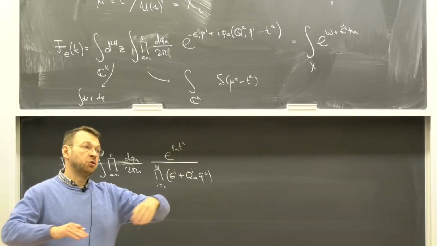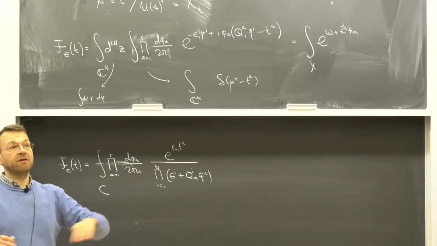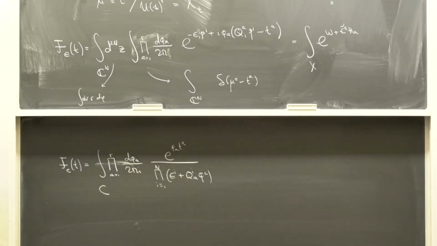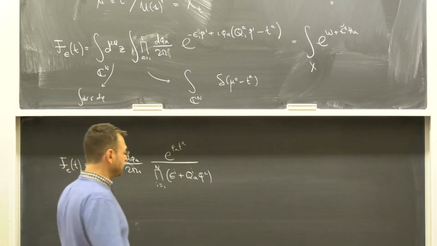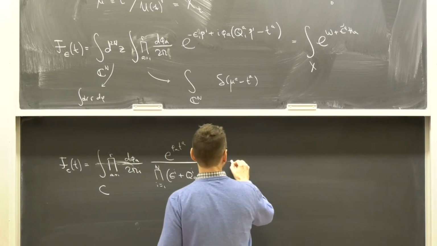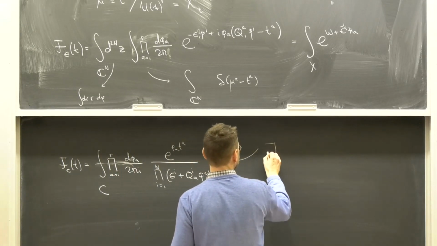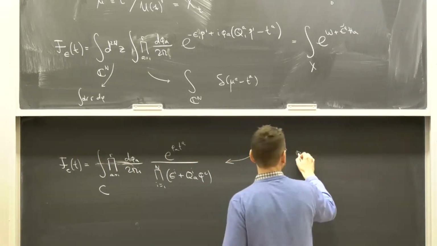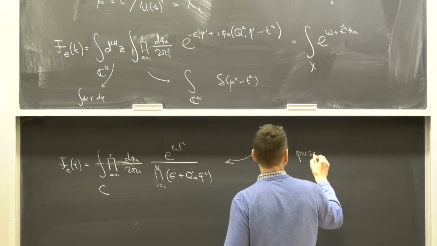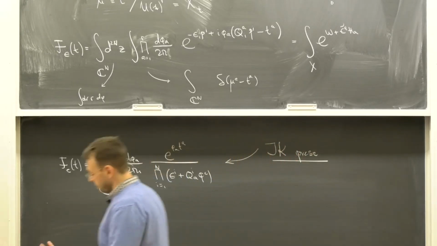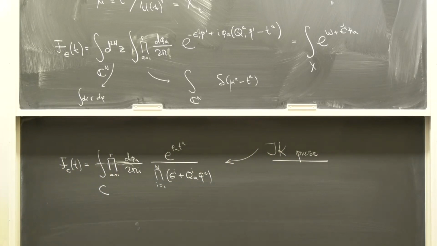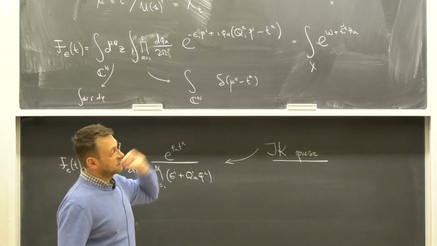You have to choose your T's, close the contour, and do all these standard things, which is very easy to do in simple examples by hand, but becomes very complicated. But eventually, for the complicated integral, there is what's called the Jeffrey-Kirwan prescription. Those guys explain which poles to take and how to do it. You can put it in Mathematica, but the whole idea is that you just get this integral.